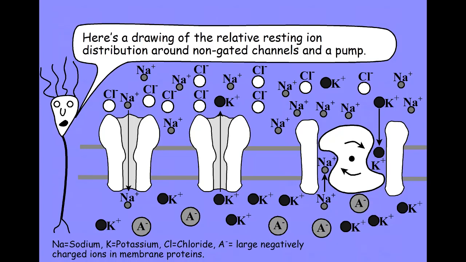Na is sodium, K is potassium, Cl is chloride, and A is those large negatively charged anions in the membrane proteins. We can see concentration of potassium and negatively charged anions inside. Outside, we have some chloride, and sodium is more concentrated with some potassium out there.